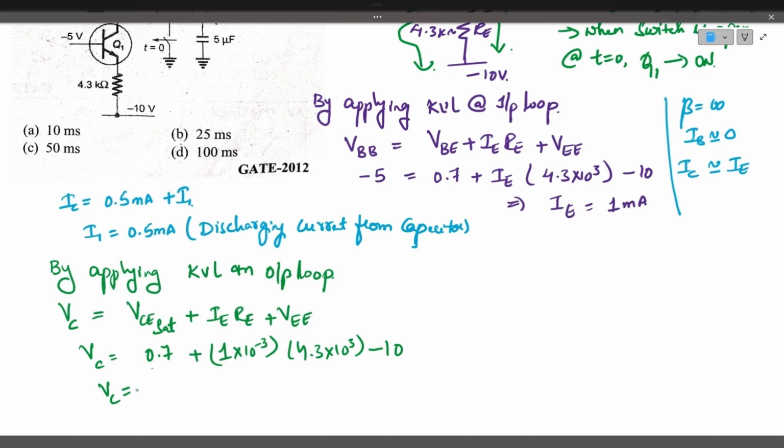So the capacitor voltage is minus 5 volts.